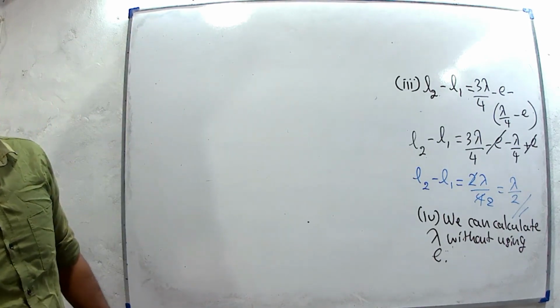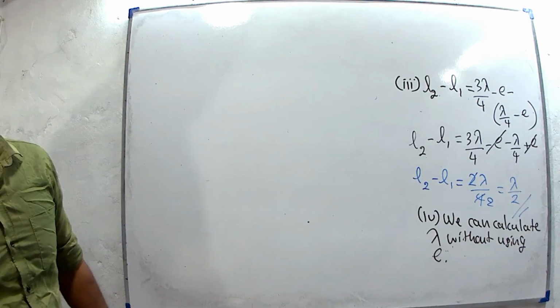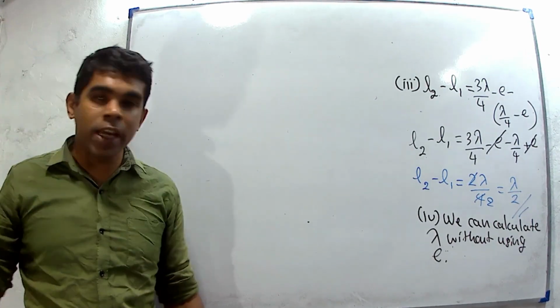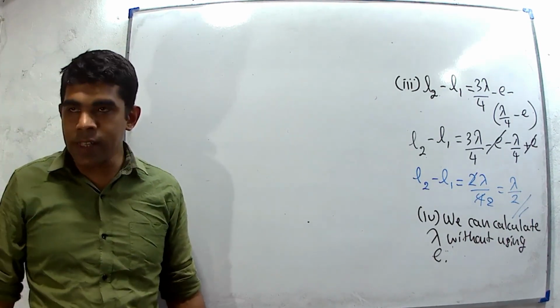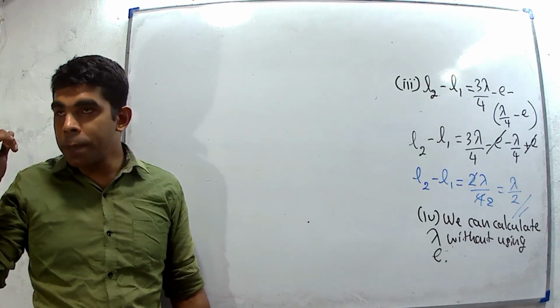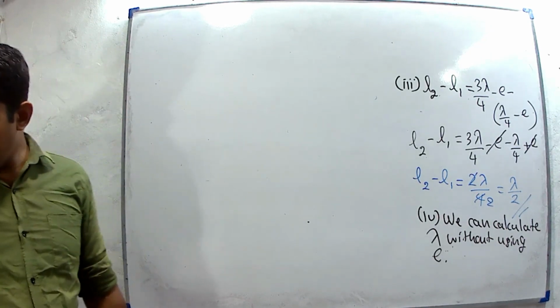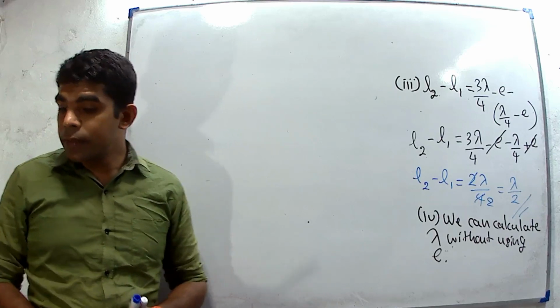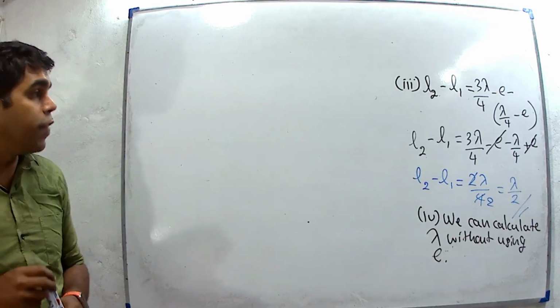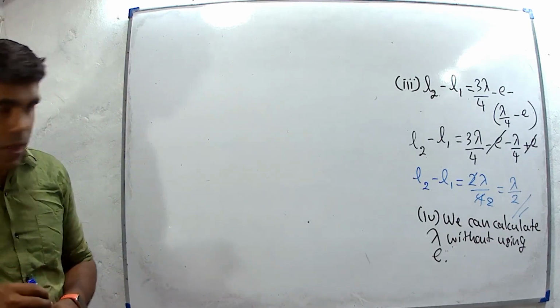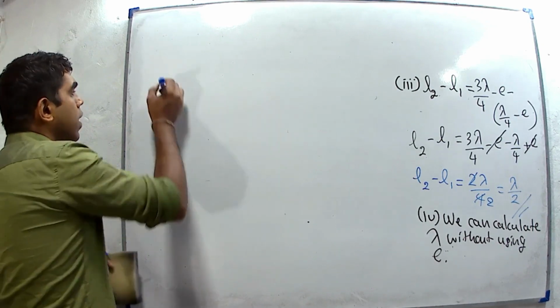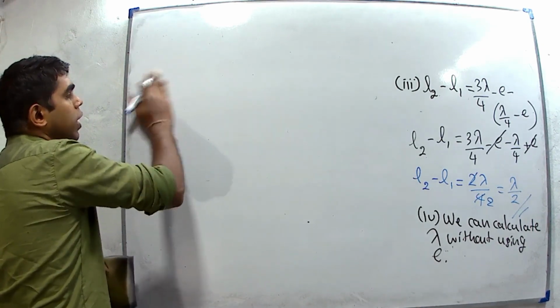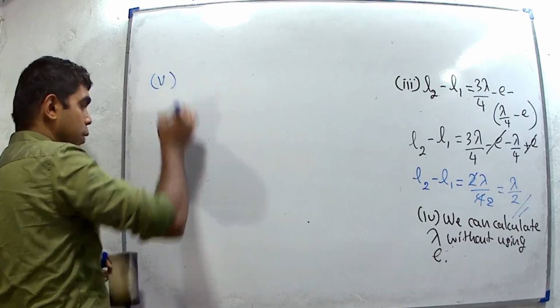We can see they have drawn L2 minus L1 as the y-axis. It means the dependent variable. 1 over f as the x-axis, it is the independent variable. Now I will use the common equation for any type of wave.